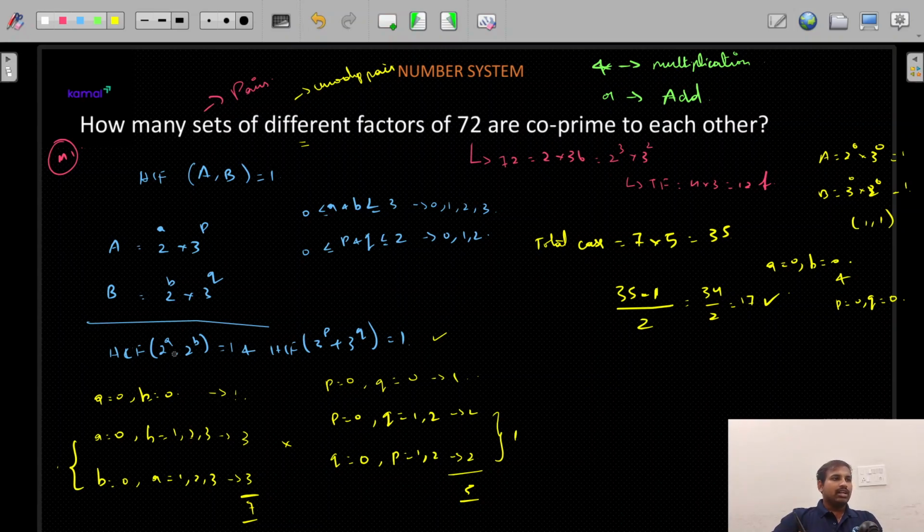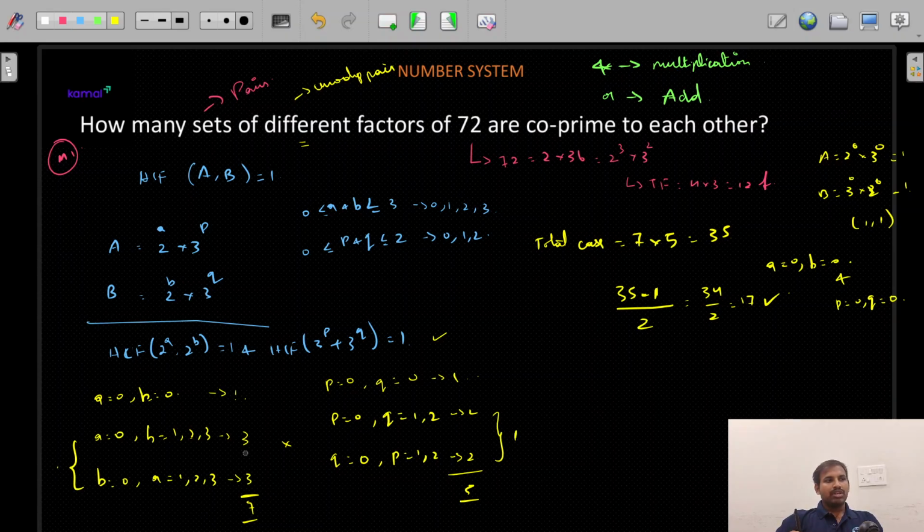And the second thing is, instead of finding the highest common factor of A and B as 1, I am focusing on the individual prime bases, the powers of 2 and then the powers of 3. If for the powers of 2 and the powers of 3 in these two different numbers the highest common factor is 1, then that is equal to finding the entire highest common factor of the two different numbers as 1. So that's why I'm focusing on each one.